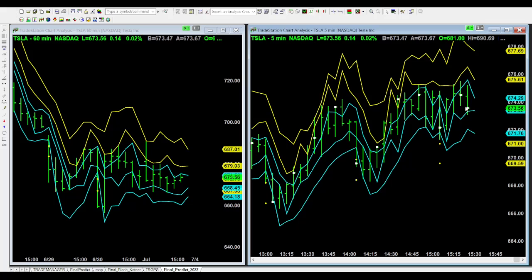Right now it's in a transition region, or a kind of battle period between the increasing momentum and the decreasing momentum. And right now it's still holding in this range, above this trend line.